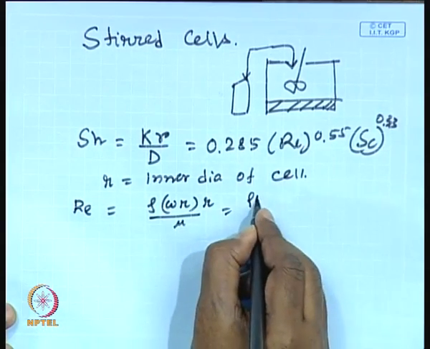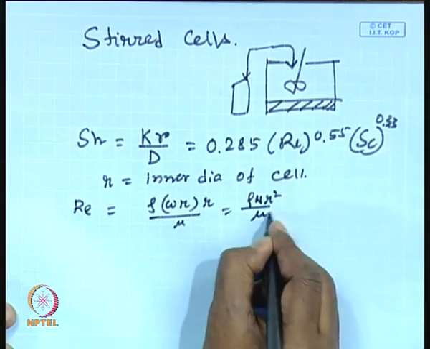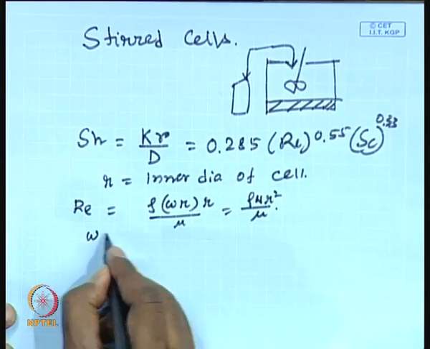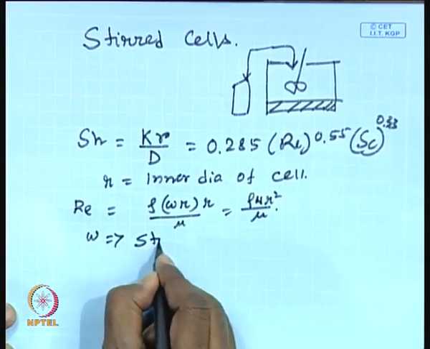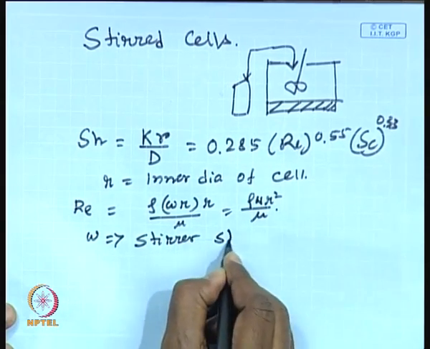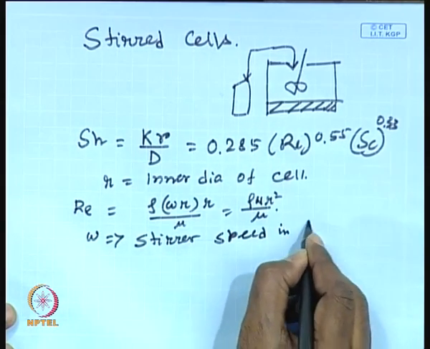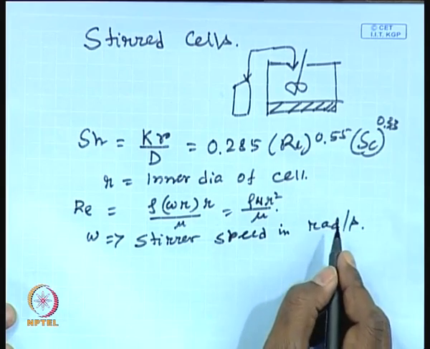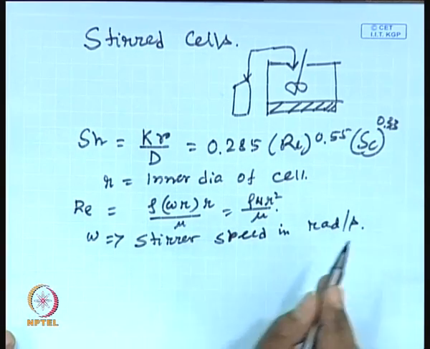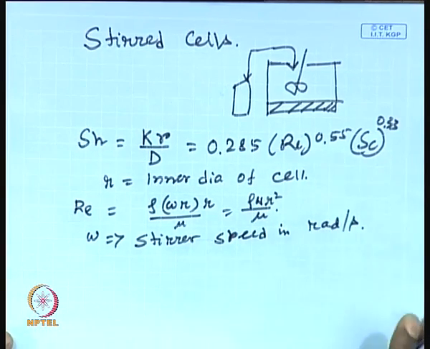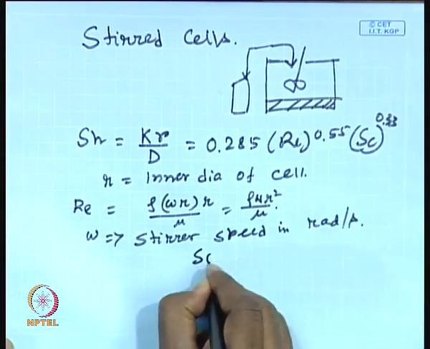So, rho omega r square by mu. What is omega? Omega is basically the stirrer speed in radian per second. So, this is not RPM. RPM can be converted to radian per second, and all of you know about it. And Schmidt number is basically mu by rho D.